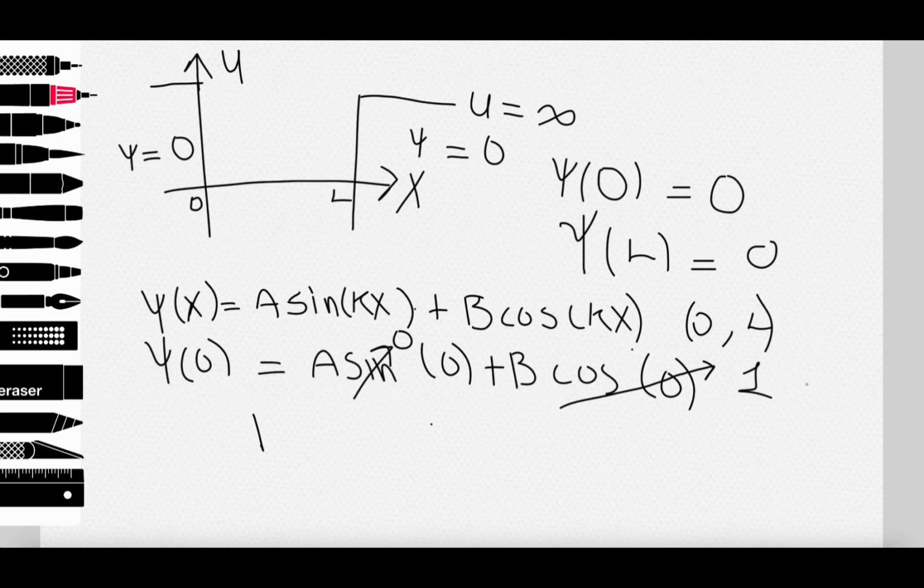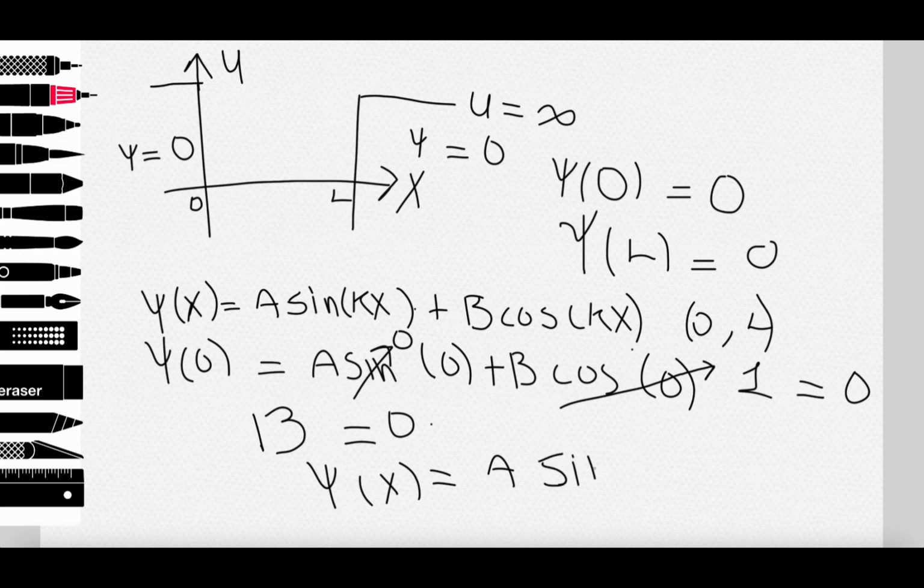Oh, forgot, this is also equal to 0 as well. So combining all of this, we have that b is equal to 0. So our wave function is much more simplified, and now we have this. This is now our current wave function.